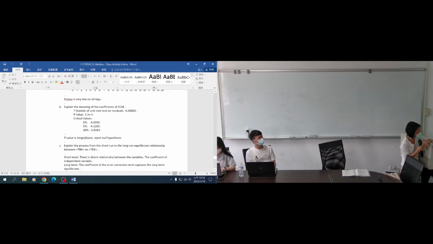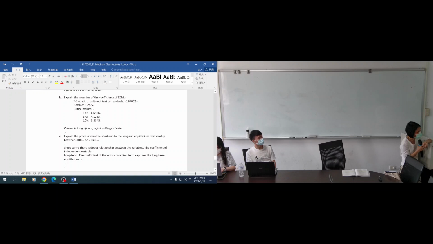So I'll just move on to explain the meaning of the coefficients. I use another library here for the ECM, which yielded for the test statistic -6.04, and the p-value is very low, 0.0003.